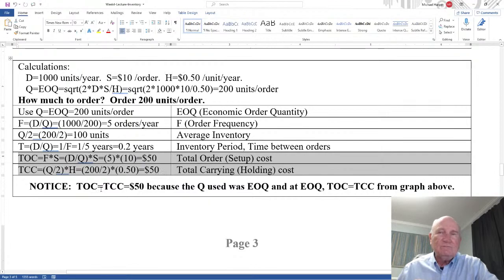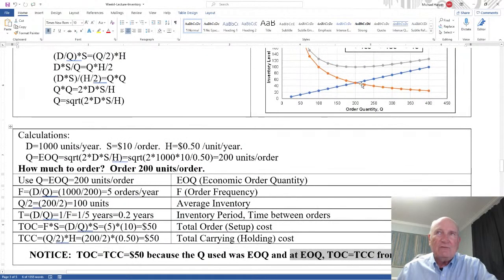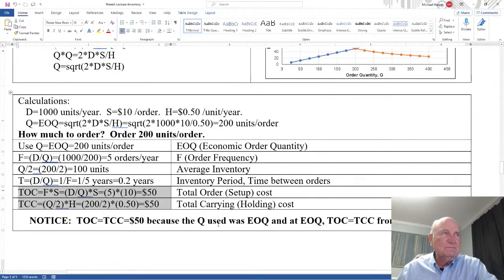Notice they're equal, because the Q that was used was EOQ. At EOQ, those two costs are the same from the graph above. And I'm just demonstrating that that's true by the calculations.